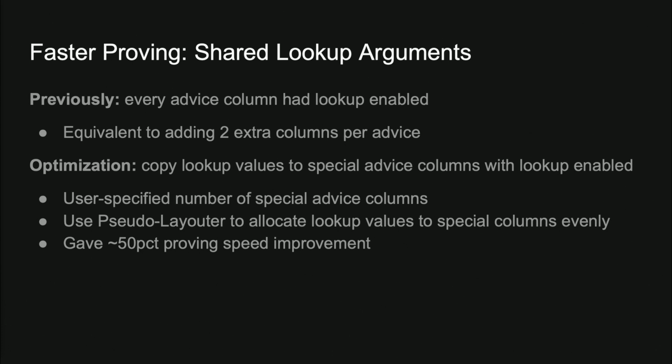So one optimization we implemented is to only have 1 column with lookups enabled. And anytime we want to look up a cell for a range check, we simply copy it to our special lookup column and do the lookup there. Surprisingly, this actually reduced our proving times by around 50% across the board. So we'd strongly recommend this optimization in essentially any circuit.